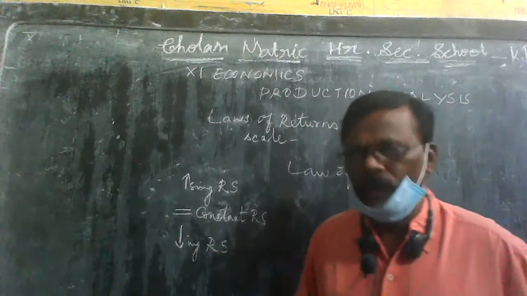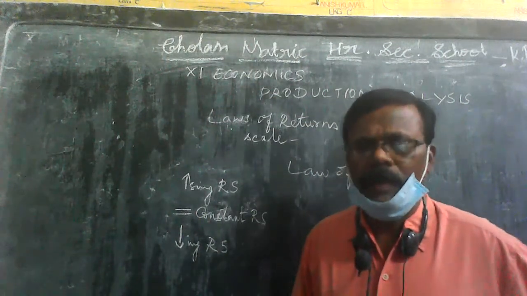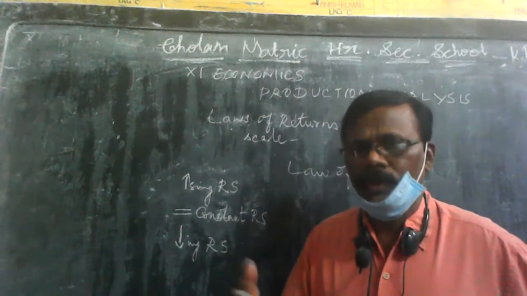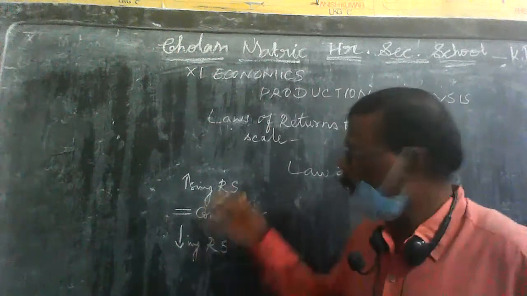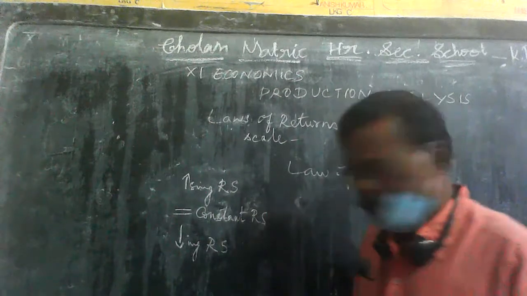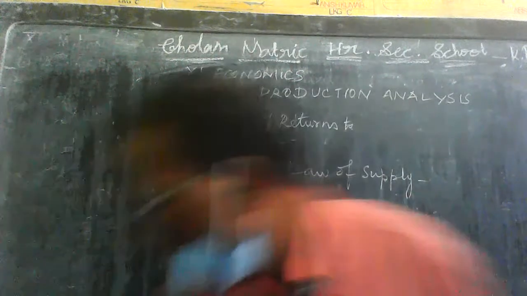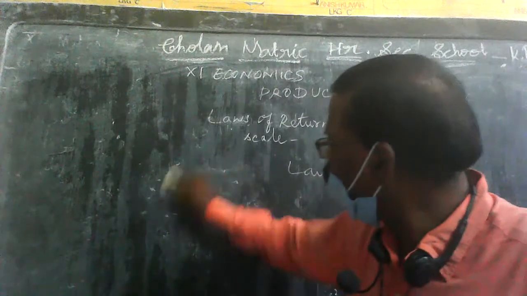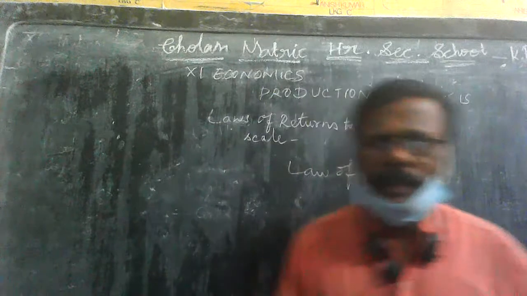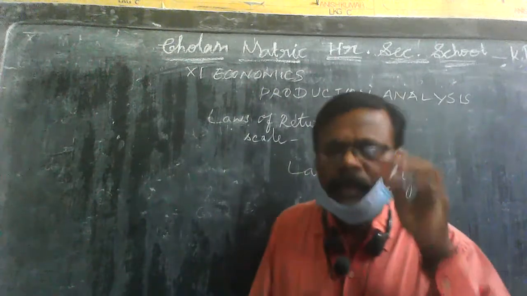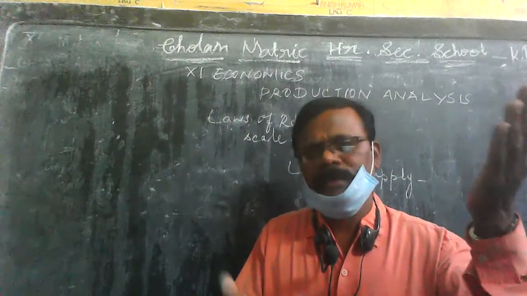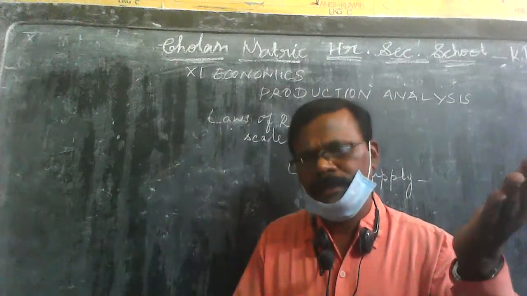Next we move to the law of supply. The law of demand was already discussed. Now we are going to have the revision on the law of supply. When we had a discussion on the law of demand, the law of demand states that as price increases, the quantity demanded decreases.